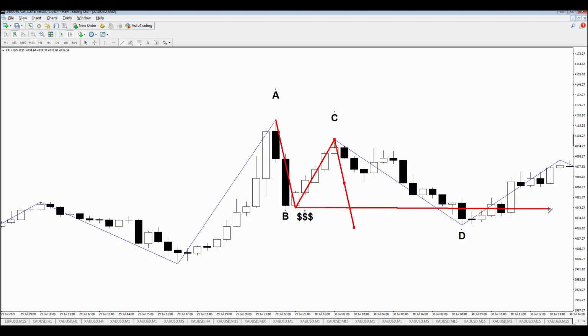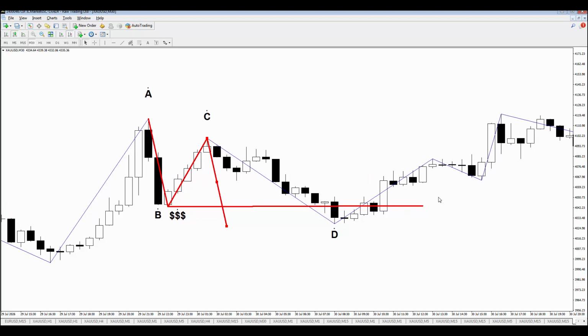Now you can see that even if you knew nothing about patterns, but you said once we get above the liquidity at B, I know that the market makers have taken that liquidity. So anywhere between the AB equals CD projection downwards, we know that this market is likely to reverse.